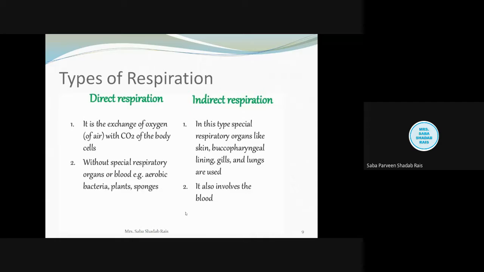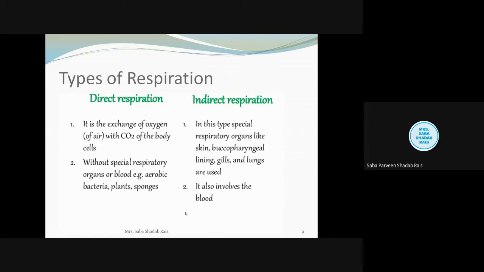Whatever respiratory surface is there, its most important property is that it must be permeable for the exchange of gas, and developed animals should have specialized structures for gaseous exchange. The transport of gases from the respiratory organ to the body cell should be carried by the blood.